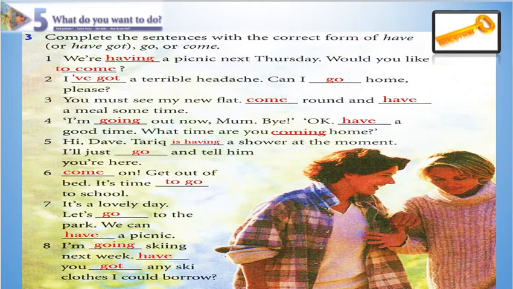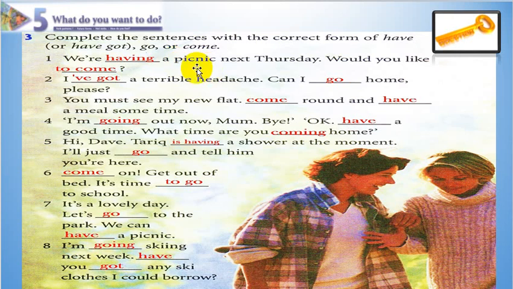Now, another on the same page, another key exercise. Complete the sentences with the correct form of have or have got, go or come. تذكرون إنه have أو have got قلنا الفرق هو مع have got إنه have got هي informal تستخدم بصيغة غير رسمية أو الحديث بين الأصدقاء، بينما have هي formal وإنما هما نفس الاستخدام. أوكي، ماكو فرق بيناتهم، بس إنه هاي formal have got هي informal. فالحنانة we are having a picnic. تعبير have a picnic أيضا common expression.